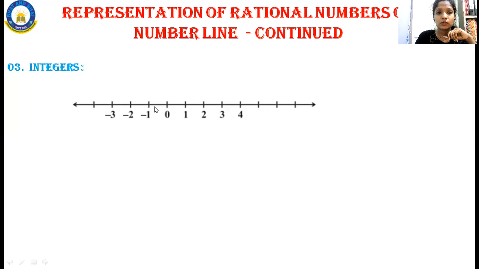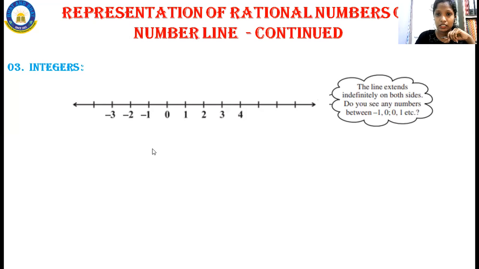But when you look to the left hand side of 0, you can see -1, -2, -3, -4, and likewise it continues. So this is what we call integers, and the line is going to extend indefinitely on both sides.